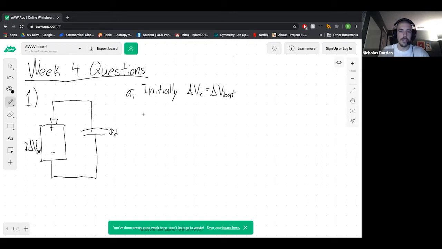Now, after, it has to be equal to whatever, again, the delta V of our battery is, which is now 2 delta V bat. So in this case, the voltage over the capacitor is going to double as well. And that's just because it comes straight from the battery, right?